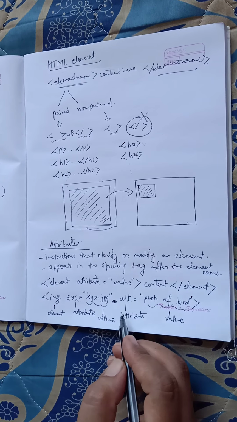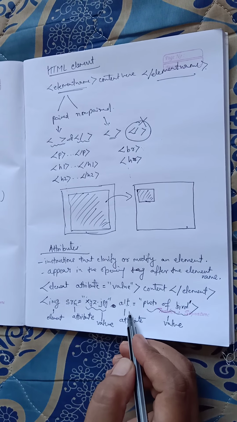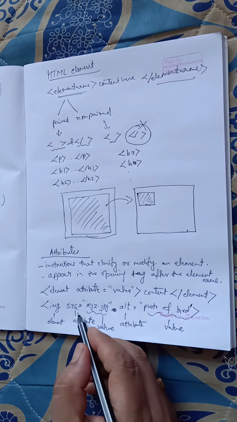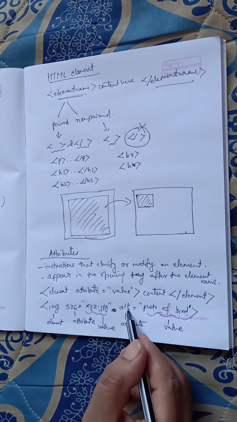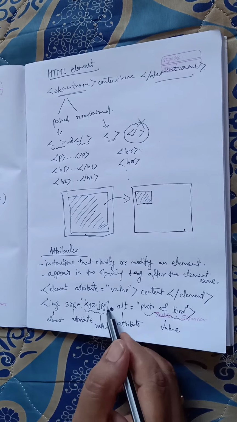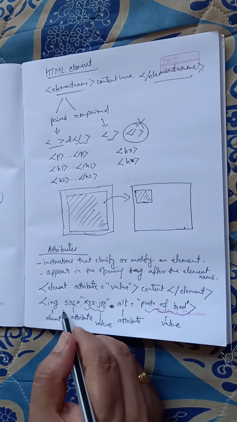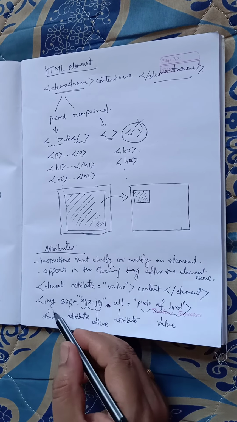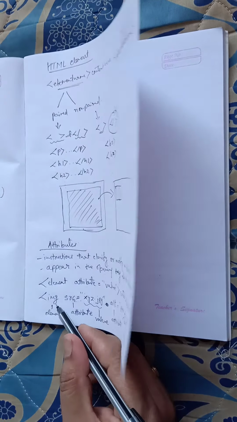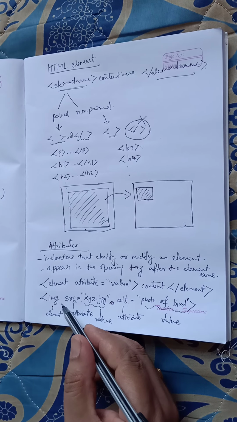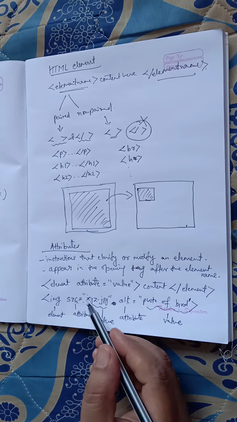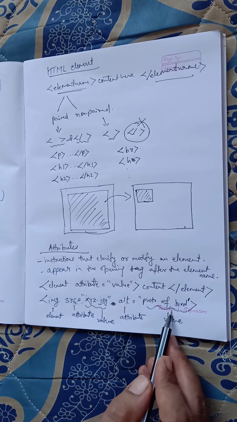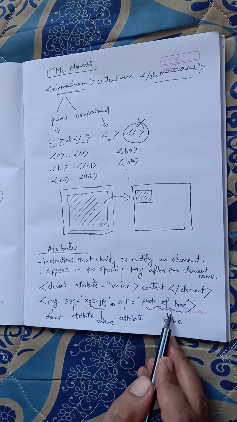There is no particular order for writing the attributes. I can write source here and alt there, or the other way round. We'll discuss what alt and src mean when we discuss the image attribute.